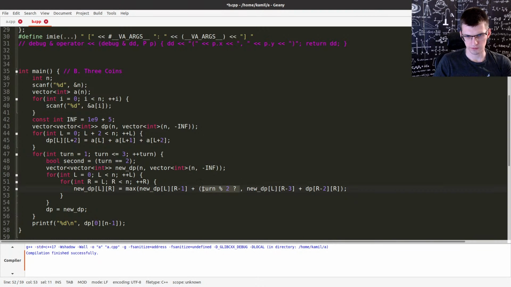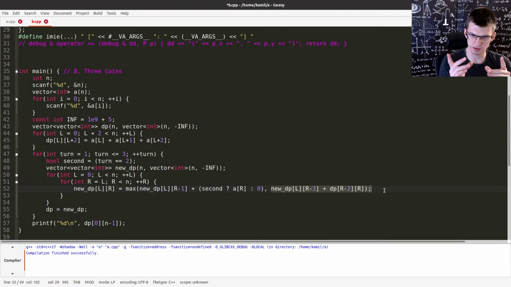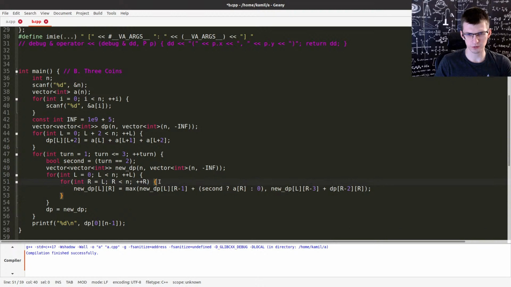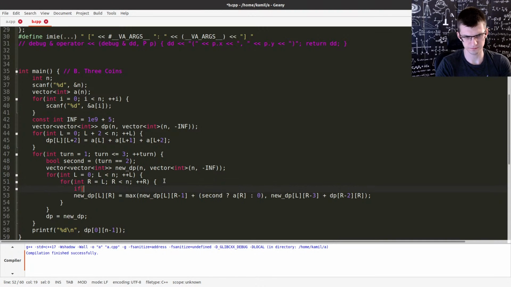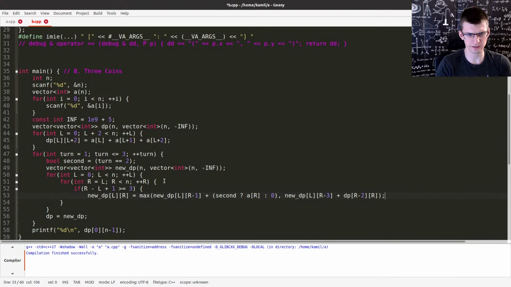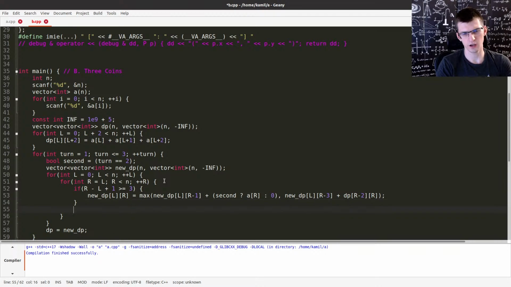And now, if this is a second stage, then I need to add your value. What happens here? New dp of this plus that. That is not modified. But all of that I do, I think, only if interval is long enough. Intervals of length at least 3, then do this.